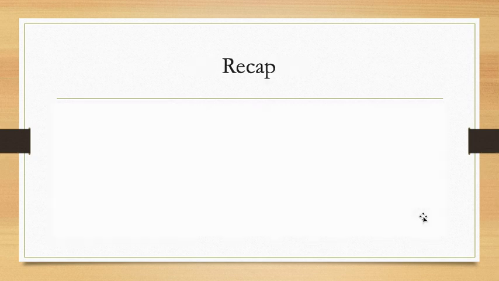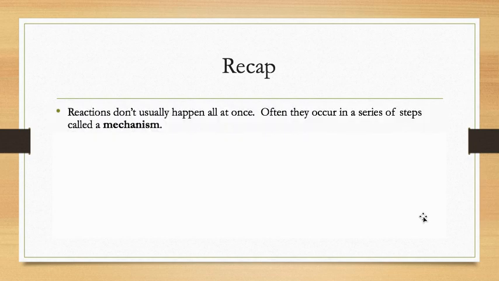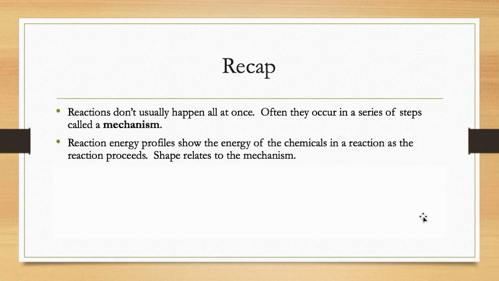Just to recap, that's pretty much it. We'll get into some more catalysis and how catalysts fit into these mechanisms in the next video. But for now, we'll just recap what we did. So reactions don't usually happen all at once. There's usually a series of steps that they occur by, and that is called a mechanism for a reaction. The reaction energy profile shows the energy changes as the reaction proceeds, right?